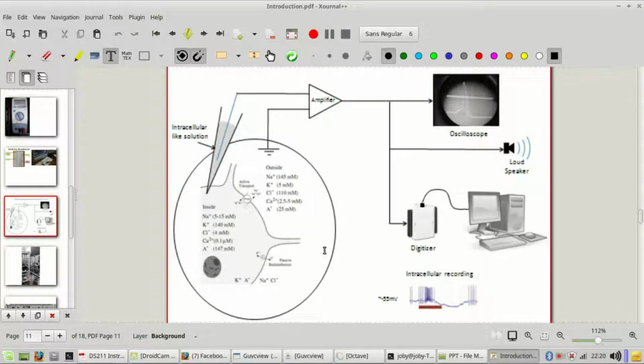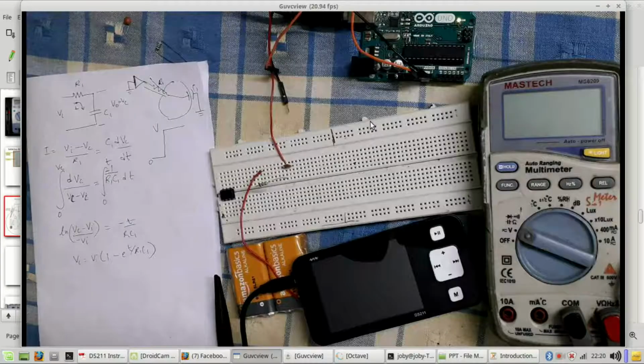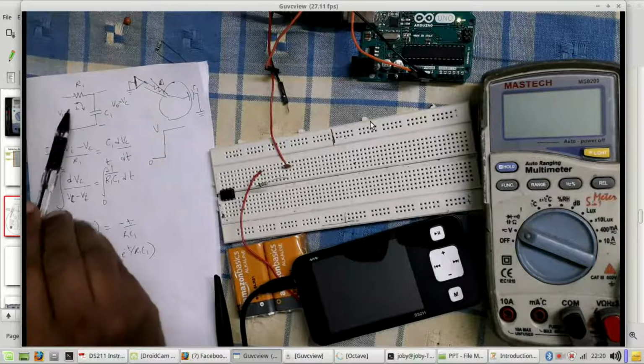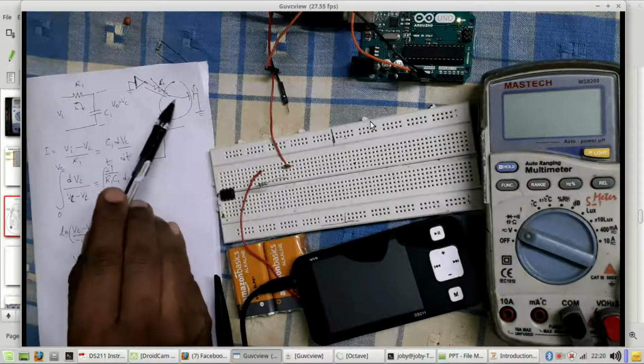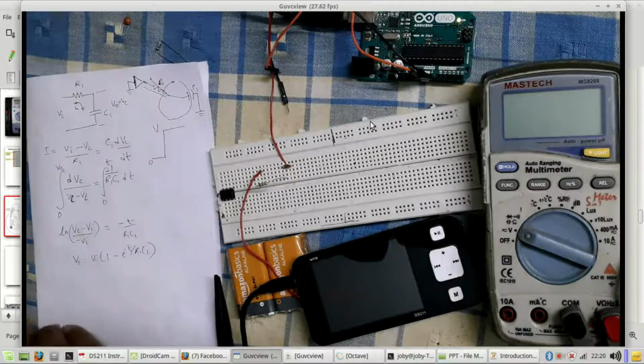So far we have looked at circuit elements which are present in this arrangement, and basically we have looked at the voltage divider circuit as well as an RC circuit. For example, this is the circuit we looked at, and that is an abstraction of the circuit that you will encounter in your electrophysiology recordings.